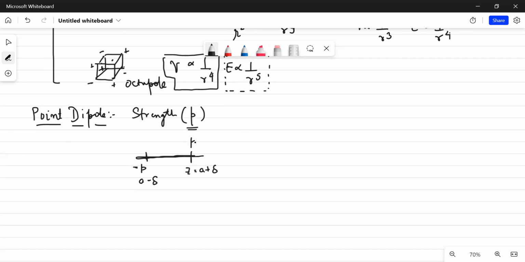So instead of charges, I'm now writing the dipole moment strength here.